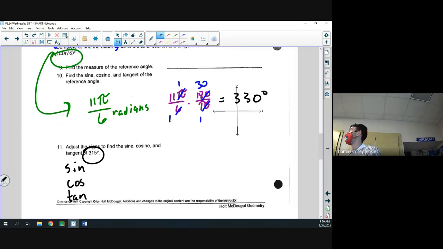That one's in degrees, not radians. So just try your best. Feel free to work with somebody, and then we'll touch base at the end and see if you got anywhere on it. It may be the case that you don't, okay, but I've given you a lot of information, so give it a shot.